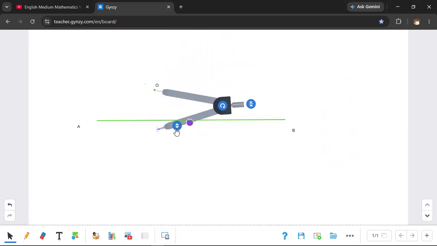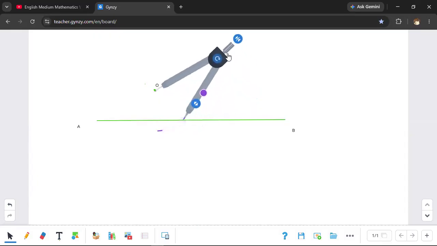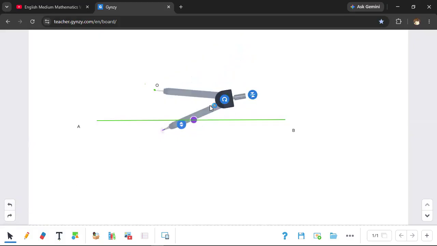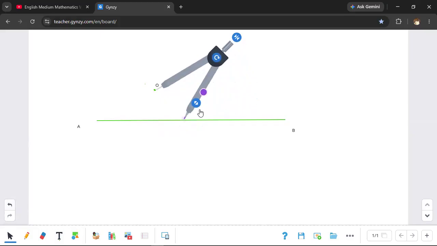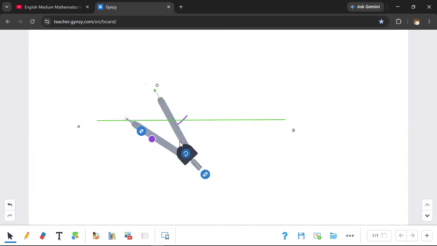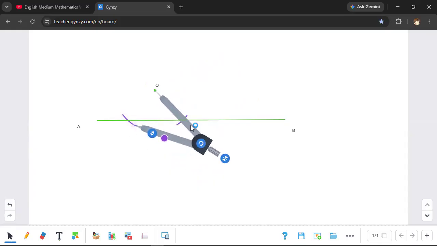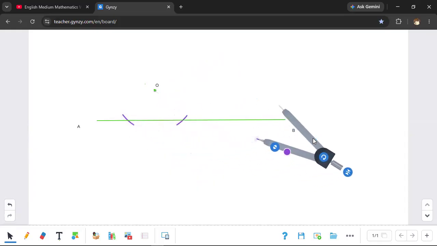Then I will rotate it somewhere around here, so that I draw an arc which intersects the straight line AB. Again I rotate it here and draw another arc which intersects the line AB. Then I can remove the compasses.